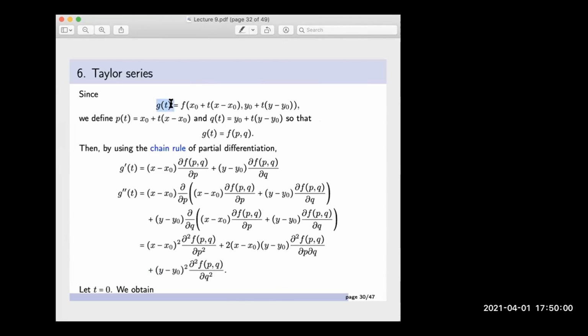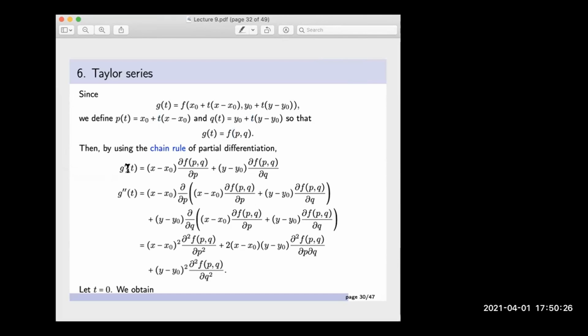So this is our definition. G of t is defined as this function. Here t is inside. It's a composition function, right? If we introduce p to be this function, q to be the second part, we have f of p, q. Now p is a function of t, q is a function of t.